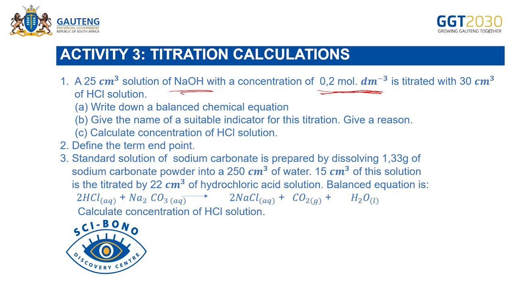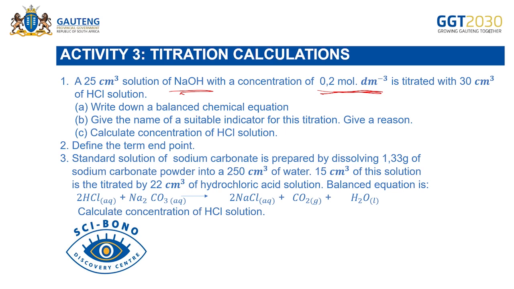Why is it a strong base? It's a strong base because it dissociates completely in water to produce a high concentration of hydroxide ions. So please don't confuse hydroxide ions with hydronium ions.